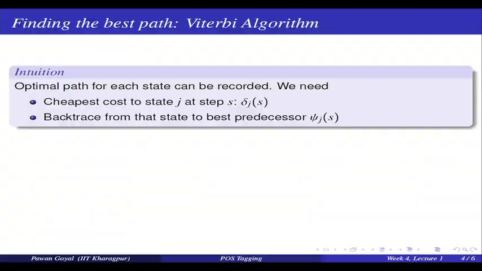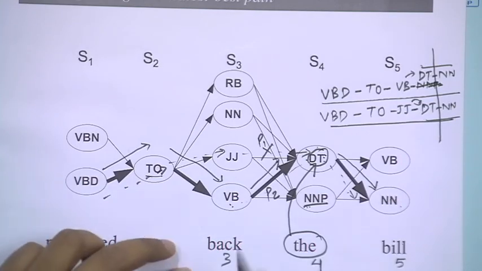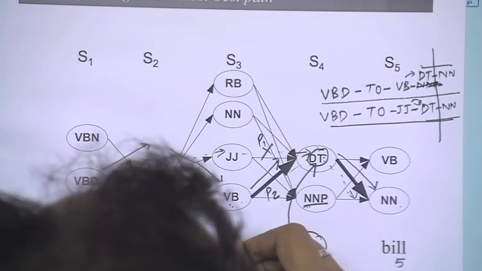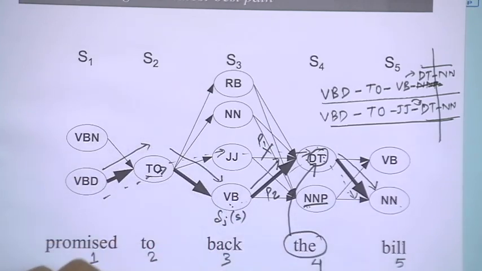So this I am doing at any step s for state j. How do I use that to compute for the next step? Let us again look at it. Suppose I have stored delta_j_s.